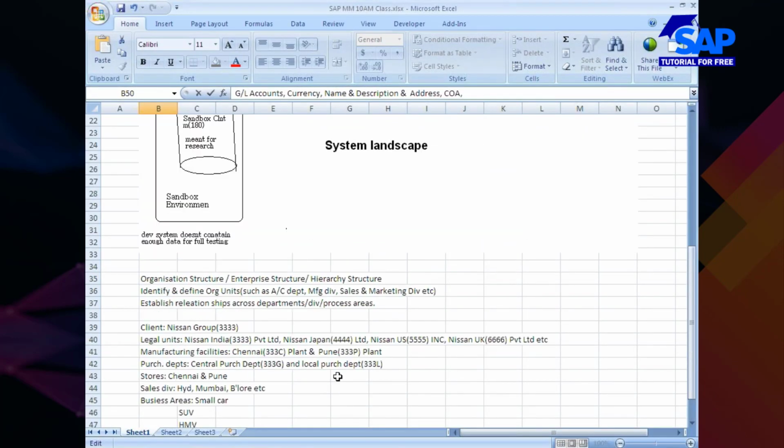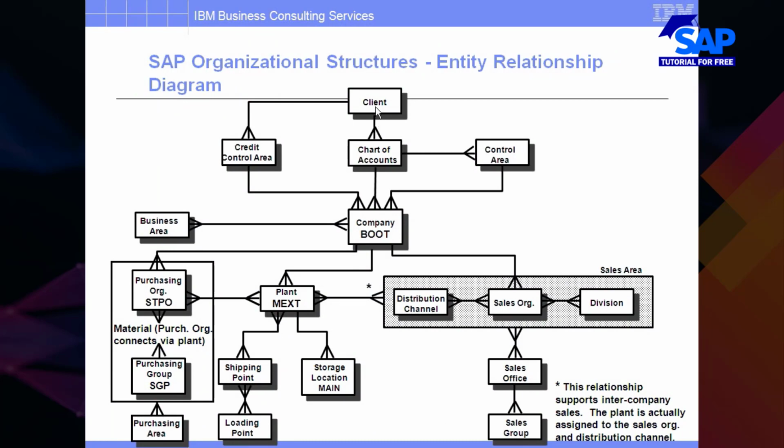Now if you look at the slide, your group company and company code are connected via chart of accounts and control area. Once again, let me tell you, group company and company code are connected via chart of accounts and control area.